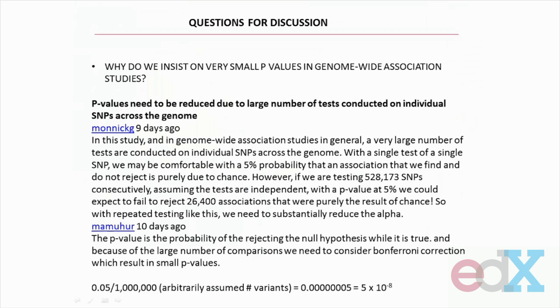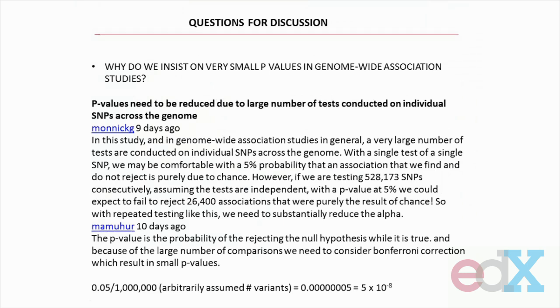And really totally arbitrarily, the community settled on a million as being that number. It's probably actually quite a bit larger number. And the community settled on this value of 5 times 10 to the minus 8 as the multiple comparisons corrected test for declaring genome-wide significance.